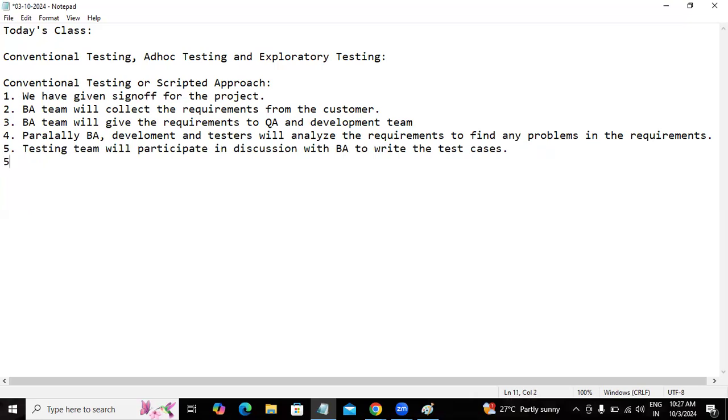Now developers will write the code, and developers will deploy the build into the QA environment.